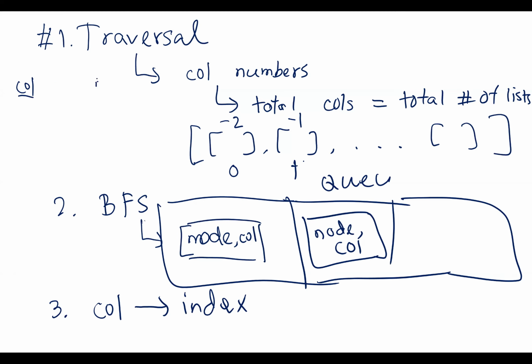If the column was say -2, the index was 0. If the column was -1, the index was 1. So the conversion was column value minus min column. That was the formula that we got.